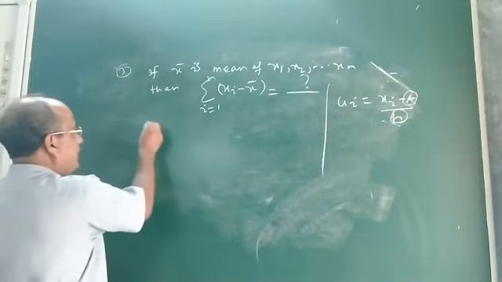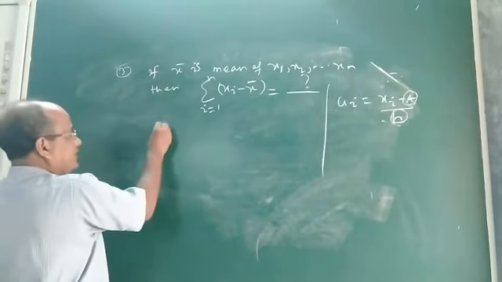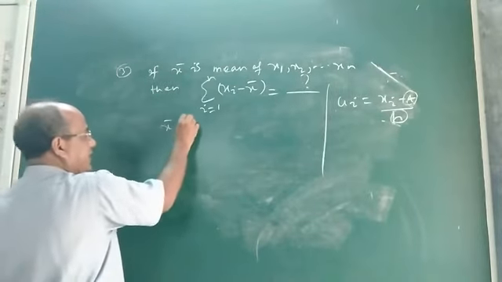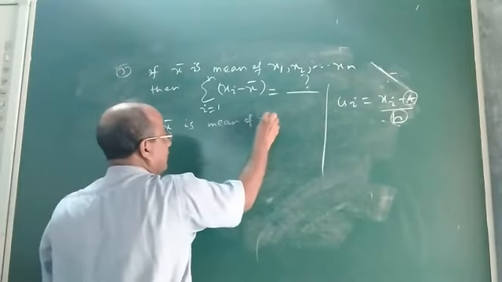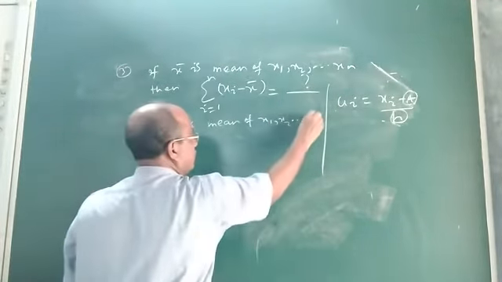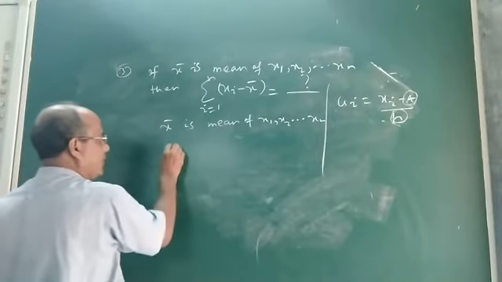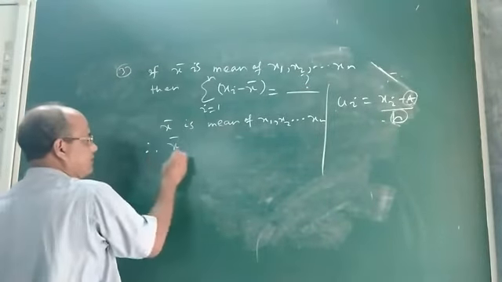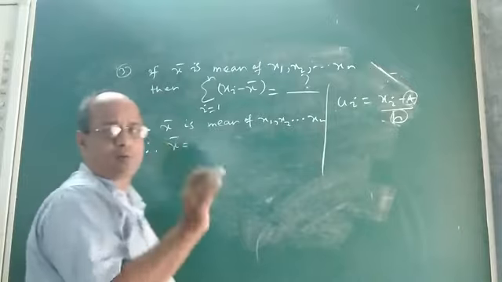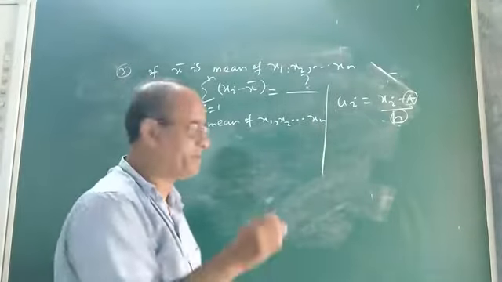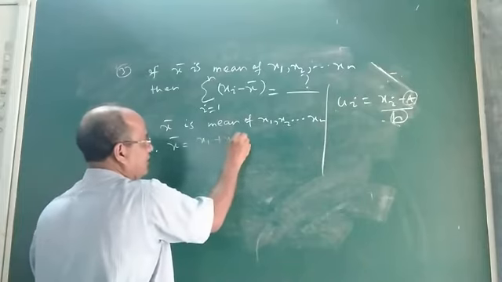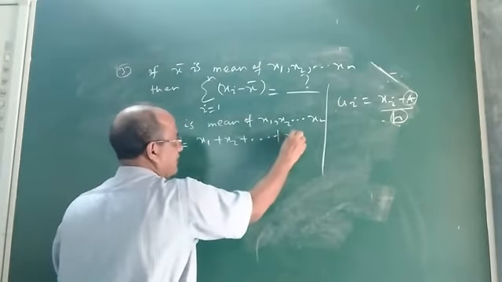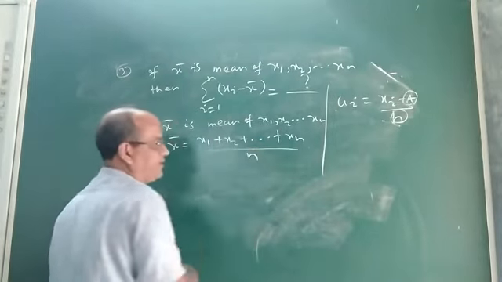Since x bar is the mean, you know the formula for mean: x bar is the sum of observations divided by the total number of observations. That means the sum of observations x1, x2 up to xn, and the total number of observations is n.